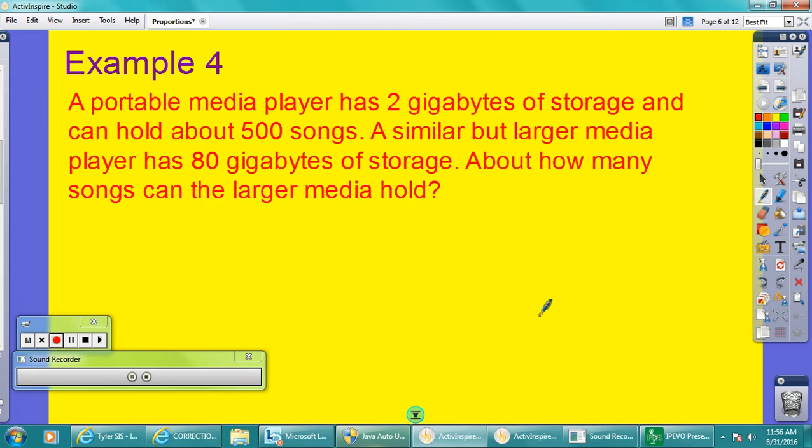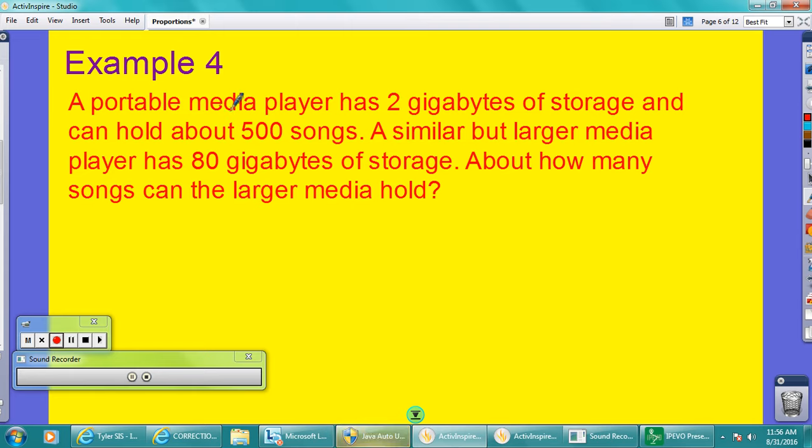All right, so now we have our first word problem. A portable media player has 2 gigabytes of storage and can hold 500 songs. So that's our first ratio, 2 to 500.